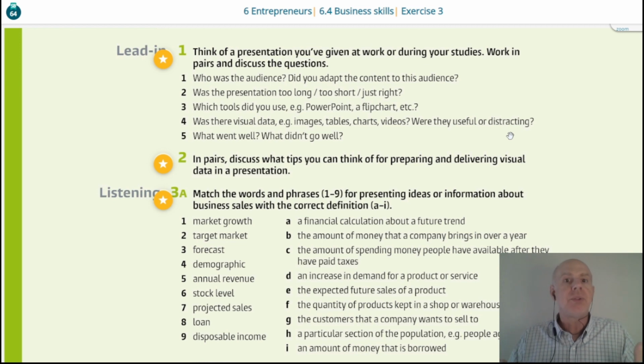Or tables that bring information, charts as well, infographics, videos that bring extra information. They can be very good, but they could distract your audience as well. So let's use them in a balanced way in order to please the audience and not to distract them and lose focus.